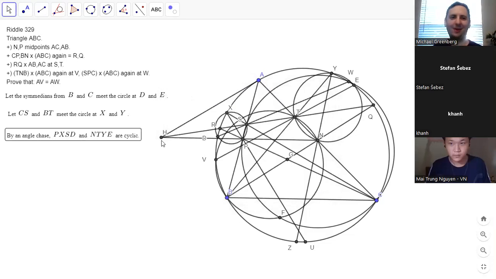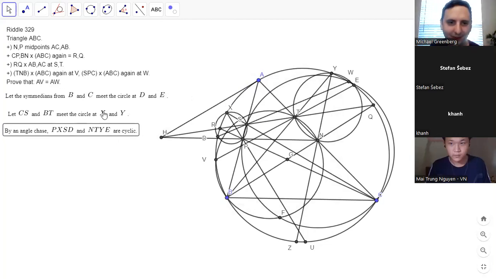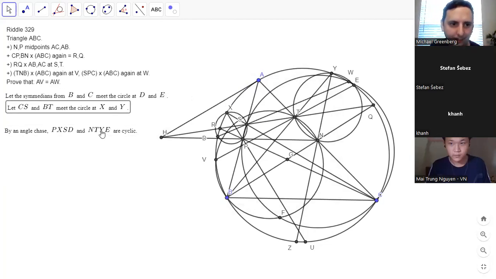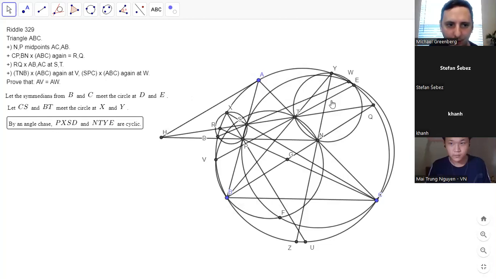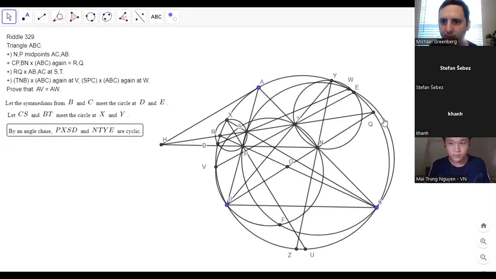Yeah, there's just so much going on here. It's crazy. And then I'm just going to copy paste a bunch of things that he wrote. So we're going to try to prove that ZU is parallel to BC.